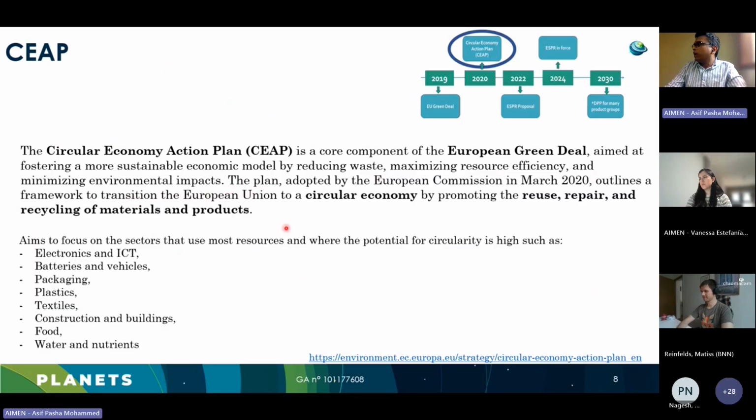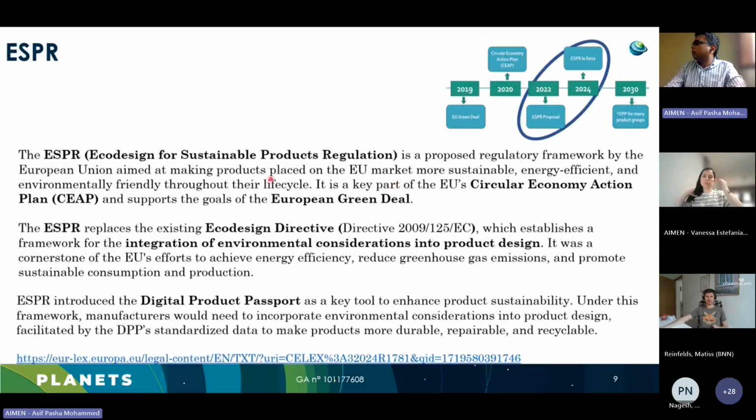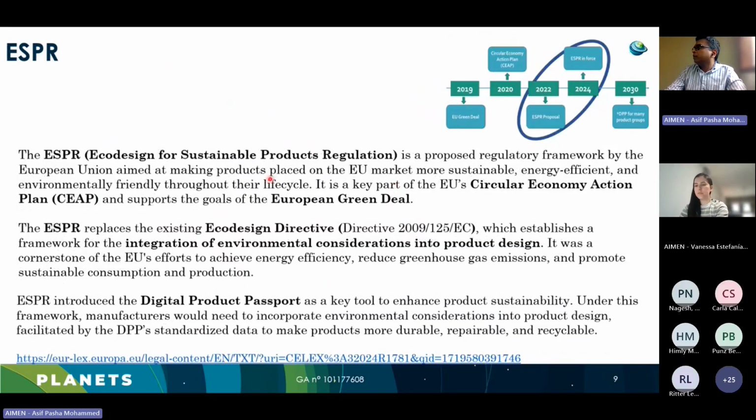This plan was adopted by the European Commission in March 2020, and it outlines the European Union's transition to a more circular economy, mainly by promoting the reuse, repair, and recycling of materials and products. There are some sectors that were identified during the 2020 Circular Economy Action Plan, mainly batteries and textiles, but when the ESPR came into effect, a lot of product groups were included in it.